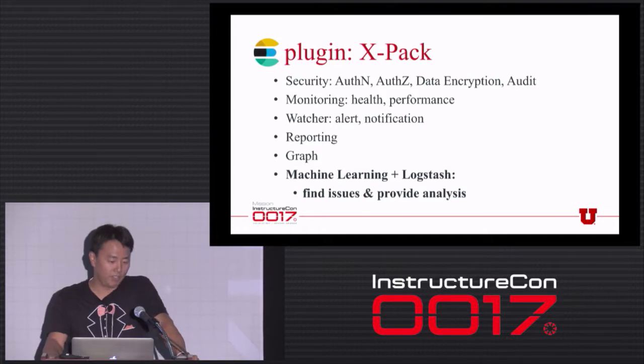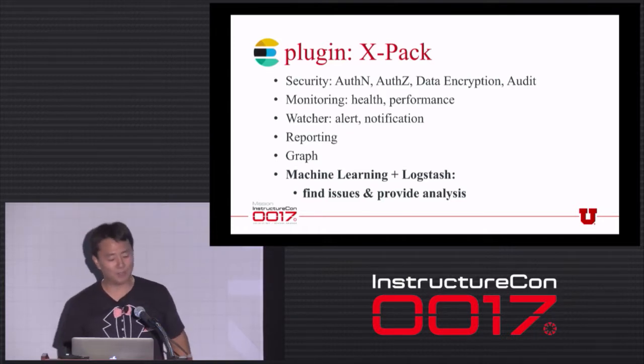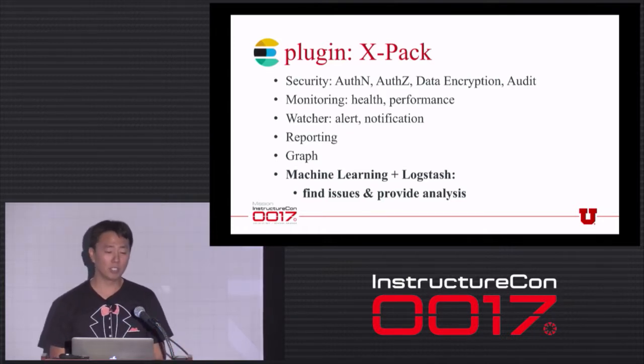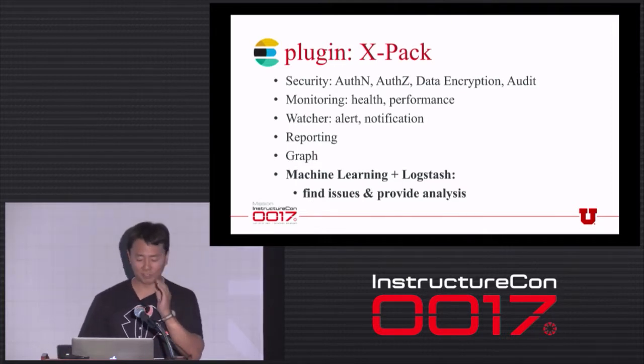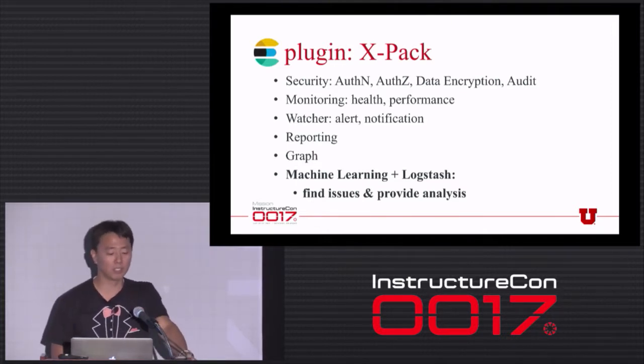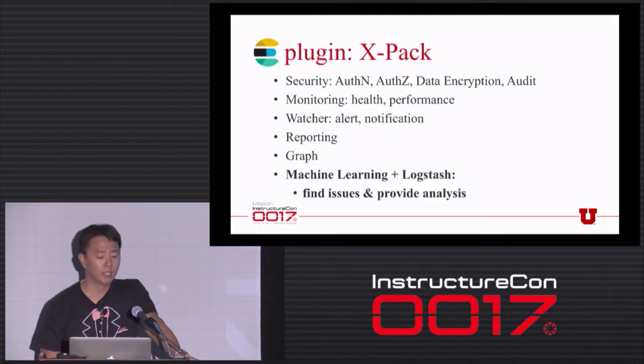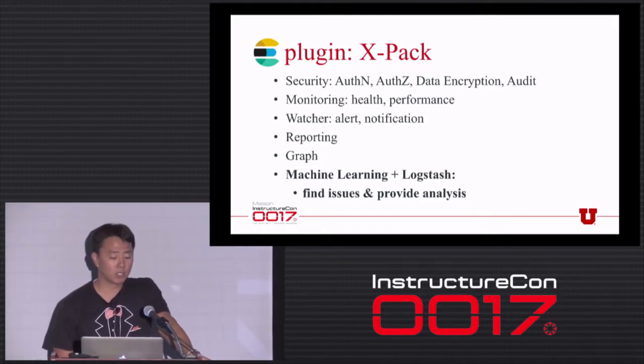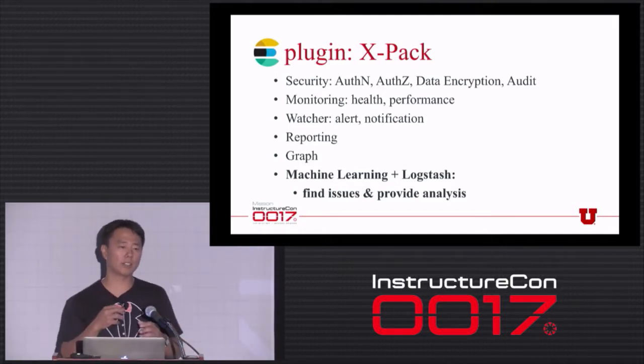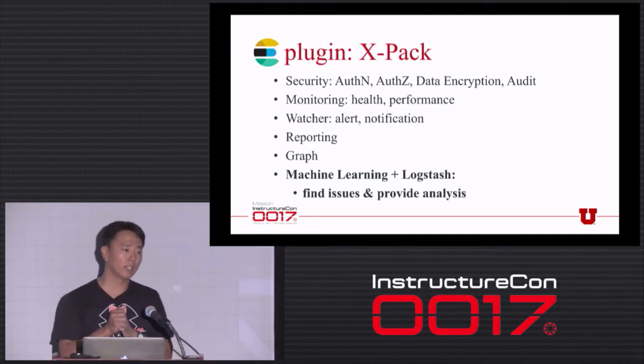And also, I haven't implemented this yet, but there's a machine learning package with Elasticsearch, which mainly works with Logstash. Logstash is another product under the Elastic company. Basically, Logstash is the product to collect and analyze a lot of log data.